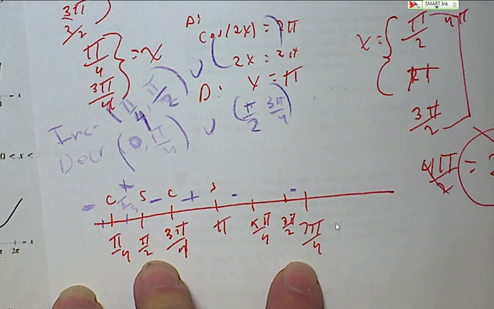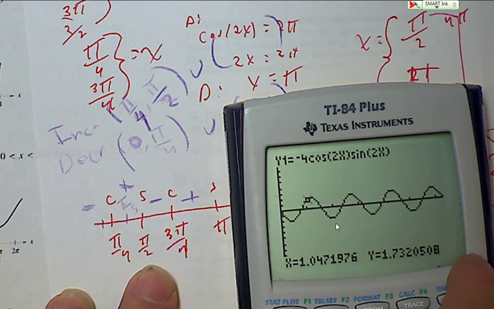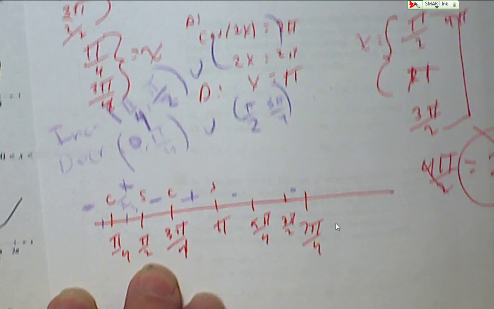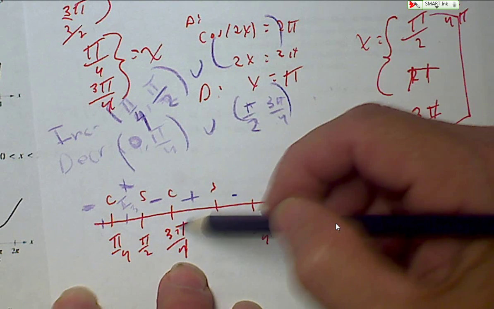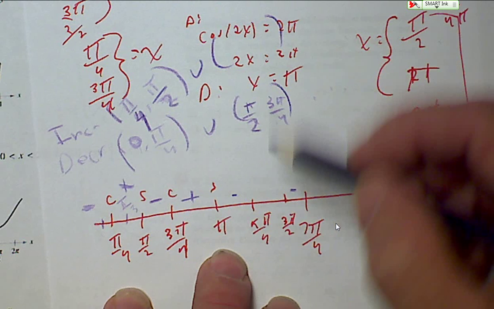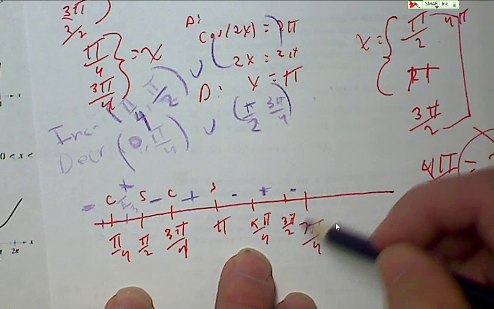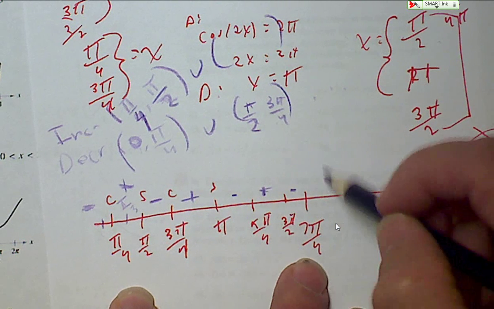Those would all be decreasing intervals because you can look at the graph and see that. It would be increasing from pi over 4 to pi over 2, union 3 pi over 4 to pi, union 5 pi over 4 to 3 pi over 2, union 7 pi over 4 to 2 pi.